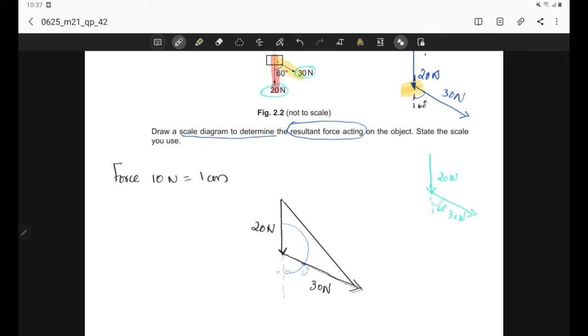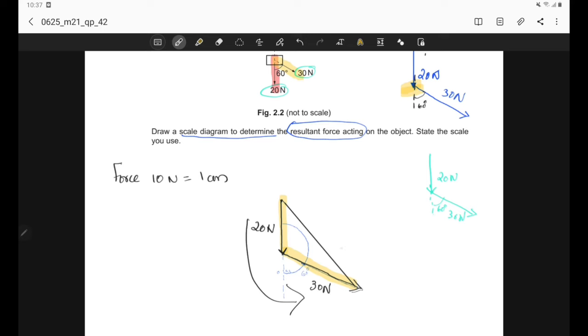You should connect it properly, and the arrow should be the opposite of these two vectors which we have already drawn. As you can see, the 20 Newton and 30 Newton are directing in an anti-clockwise direction like this.